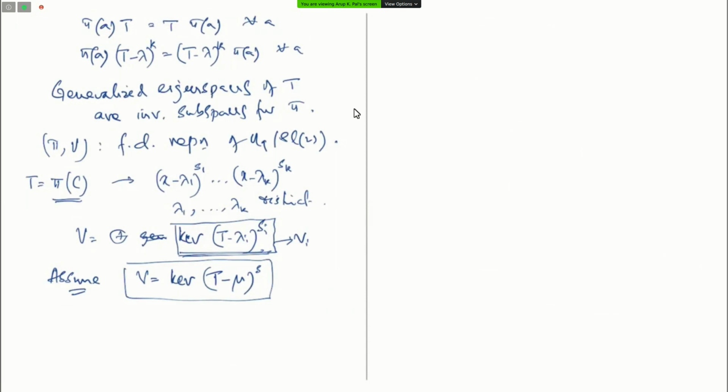Now, in V, what we already know is that there would be a filtration of subspaces.